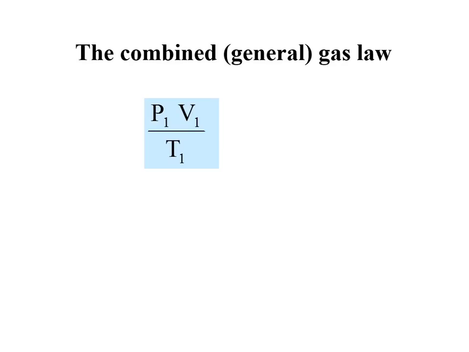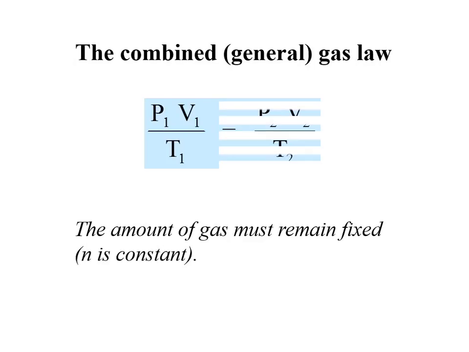Between the states, you're not changing the number of moles. They're fixed, like in a balloon. Moles of gas will neither come nor go, but you can change the pressure, volume, and temperature. Between the two states, the product of pressure and volume divided by temperature is the same. So P1V1 over T1 equals P2V2 over T2, where the subscripts indicate the two different states. Again, n is constant.